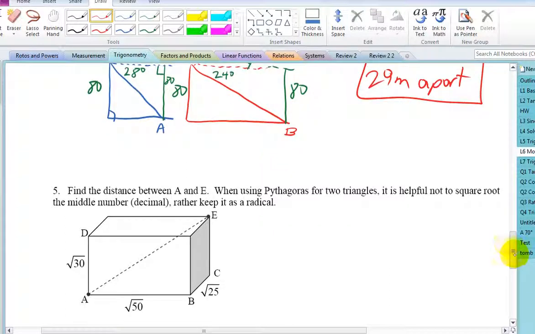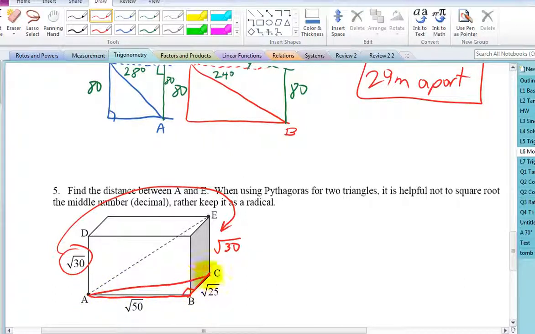Okay, this last one is just like from your test, which we'll go over tomorrow when we have more time. Sometimes you need to put numbers on the other side where they're more useful. Okay. So we have a triangle on the bottom in red connecting A to C. Its AC is a shared side with a green triangle that contains AE.